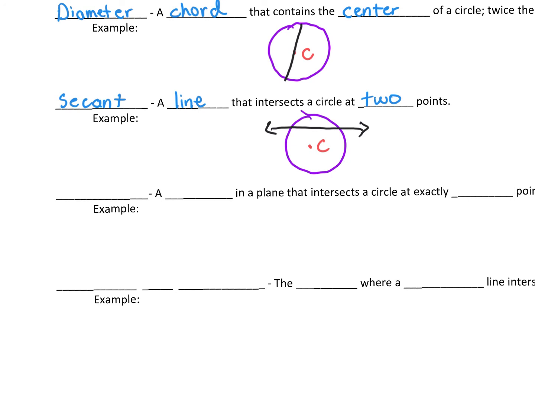After that, we have a tangent. And a tangent is a line that hits the circle at exactly 1 point. So we have here our circle C, and the tangent is a line, but it only hits at 1 point.